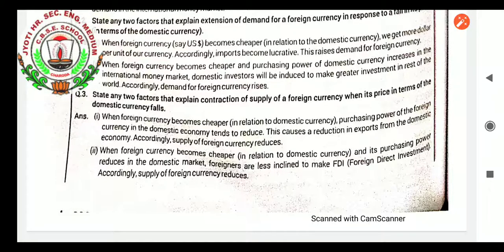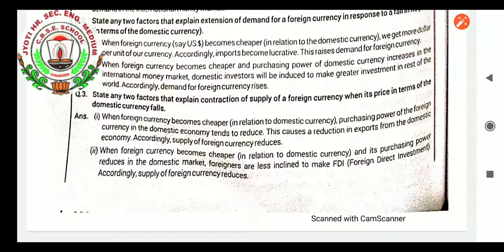When we see contraction of supply of foreign currency, when foreign currency becomes cheaper, once again I want to repeat, in some situations only it happens, not every time, then the purchasing power of the foreign currency in the domestic economy tends to reduce because they are in a big loss. At that time they will stop demanding goods from the domestic country. This causes a reduction in export from the domestic economy. As we know, when our income is less as compared to our expenditure, definitely we will stop spending.